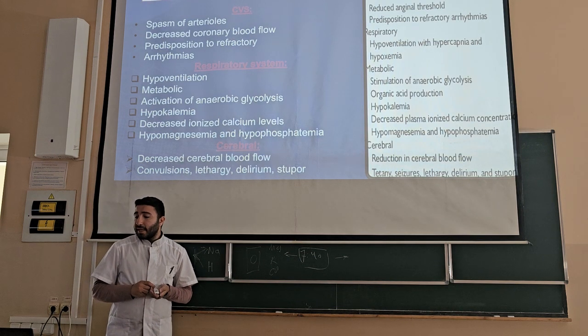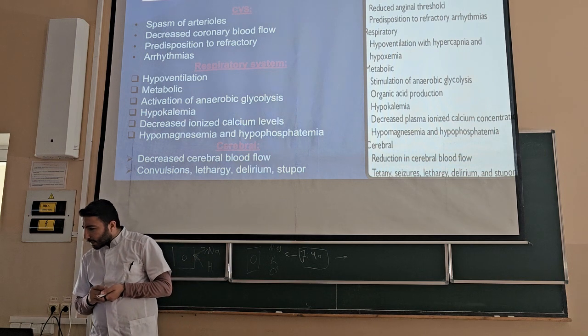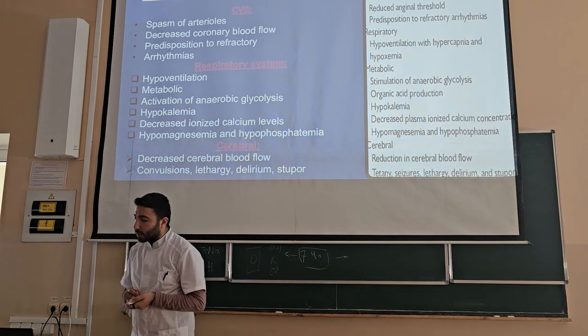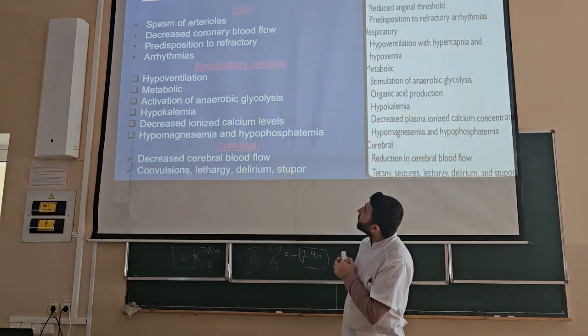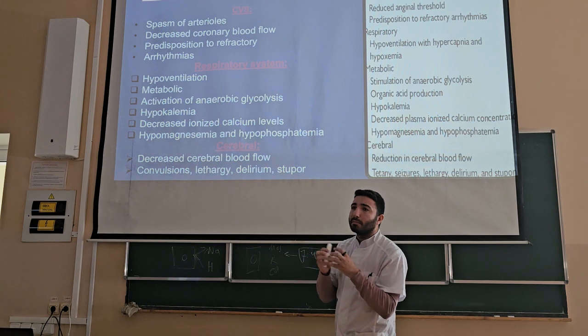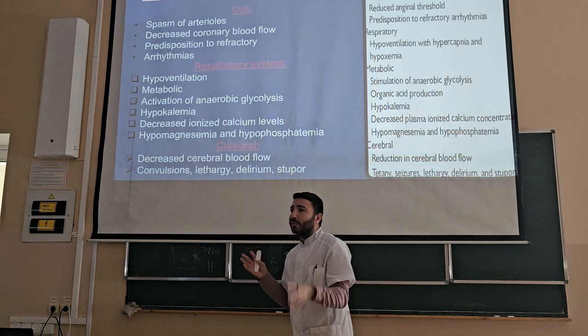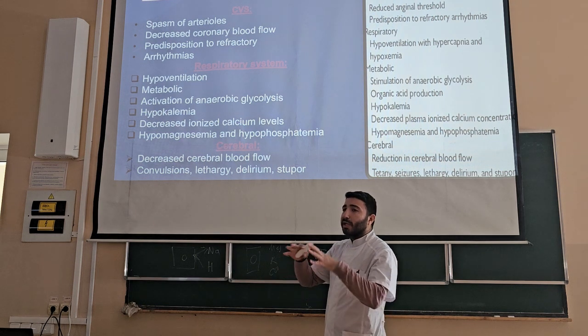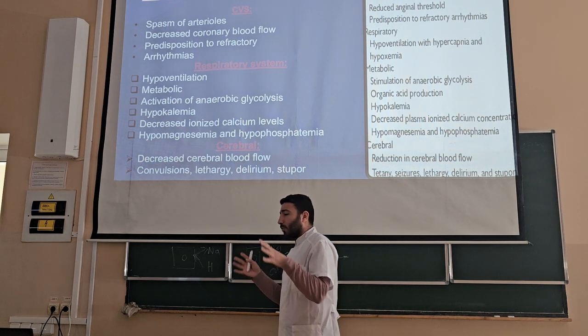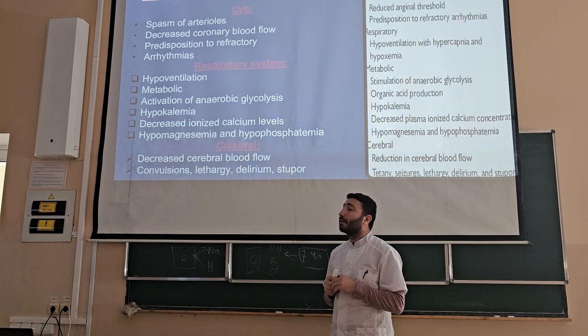Here are the main consequences of alkalosis in the cardiovascular system: a spasm of arterioles. That's one of the consequences. The coronary feeding to the heart will be decreased at this level.